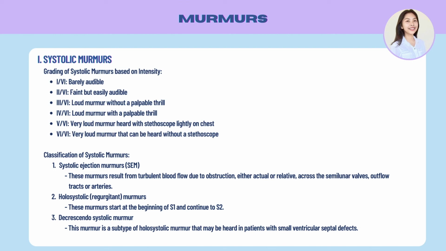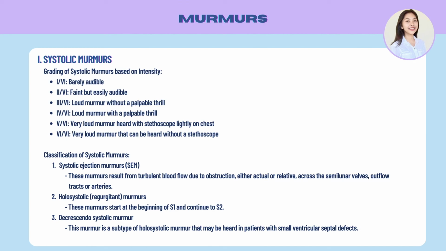The murmur is heard shortly after S1. The intensity of the murmur increases as more blood flows across an obstruction and then decreases. Causes of SEM include innocent murmurs, stenotic lesions, and relative pulmonary stenosis.